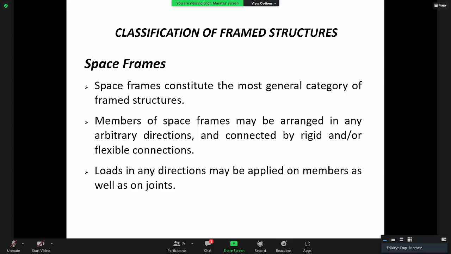Actually, any type of structure you can assume as a space frame, for practical purposes. Members of space frames may be arranged in any arbitrary directions and connected by rigid and flexible connections. Loads in any directions may be applied on members as well as on joints.